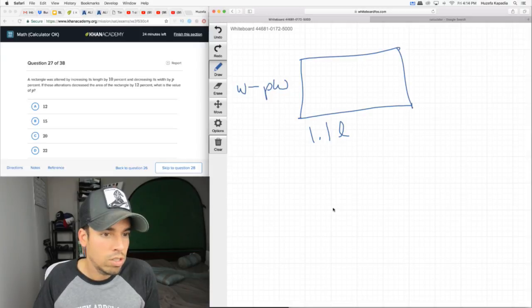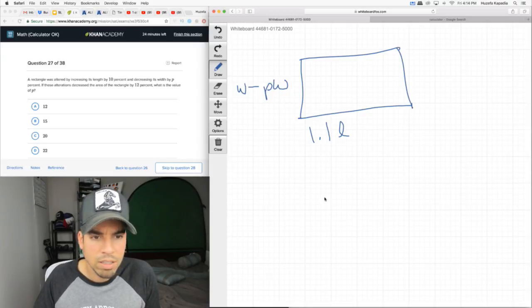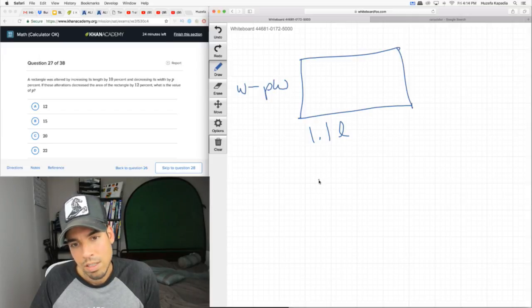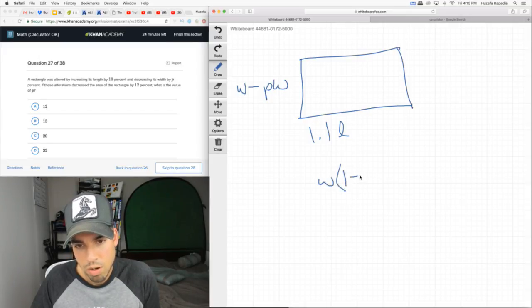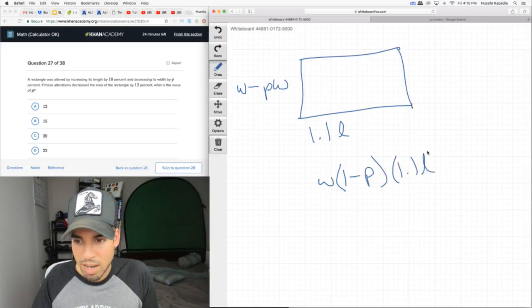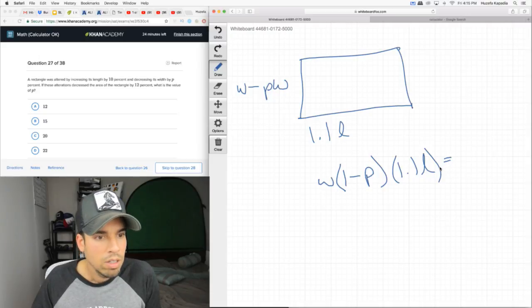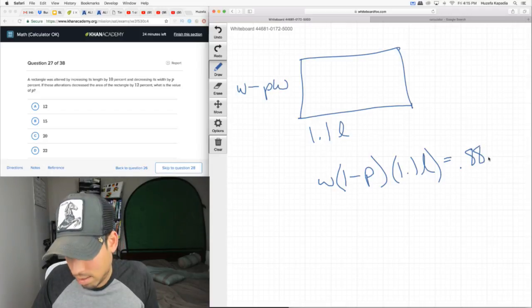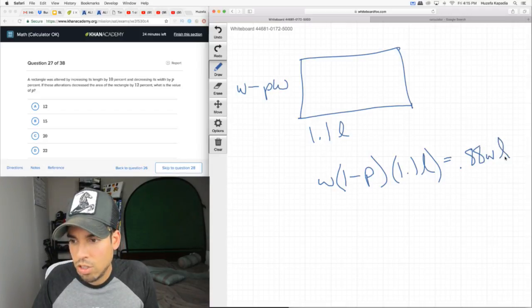If these alterations decrease the area of the rectangle by 12%, so that means w times (1 minus p) times 1.1 L equals 0.88 of the original.